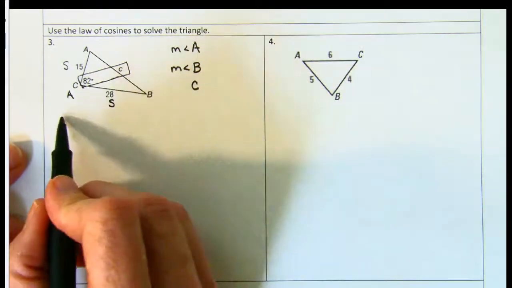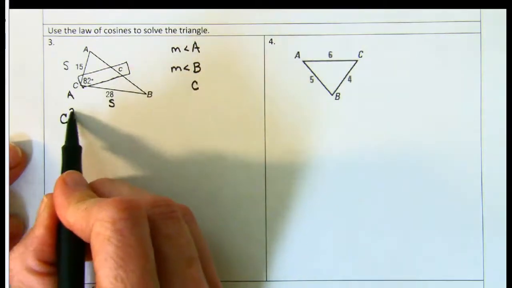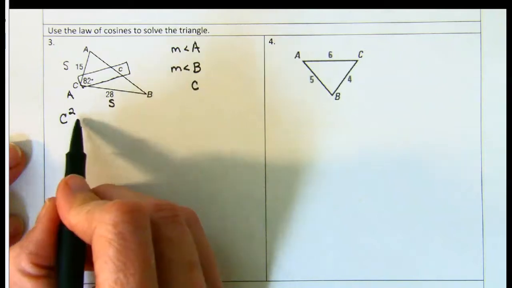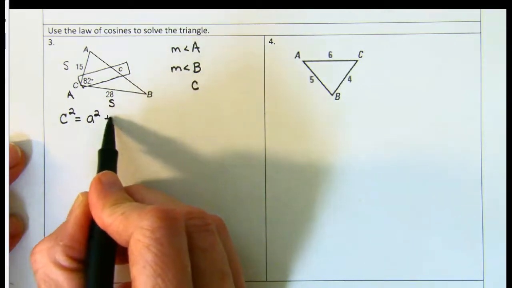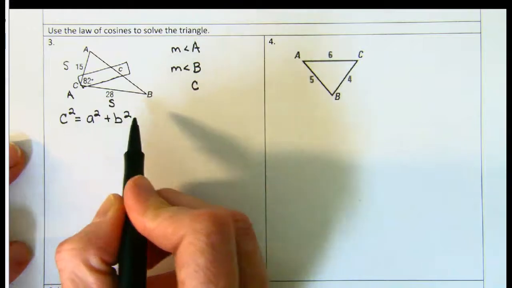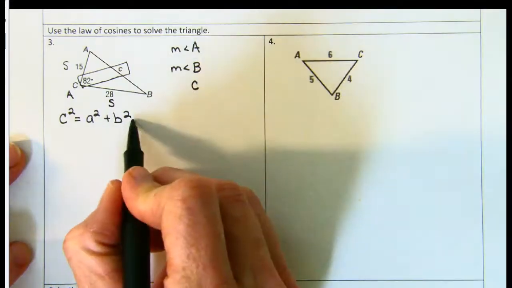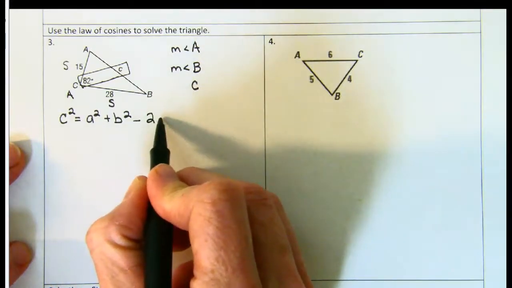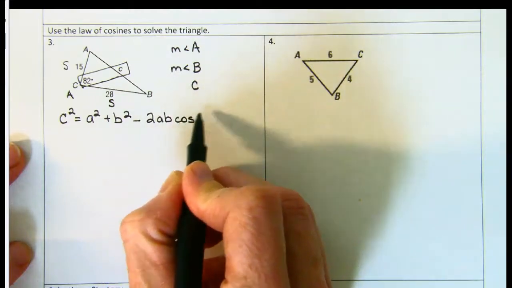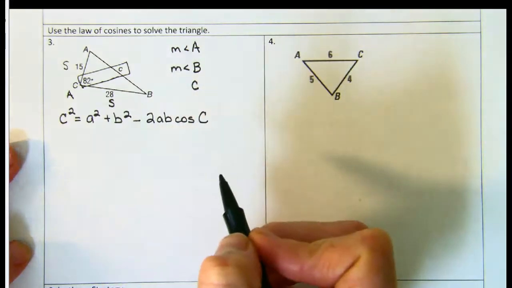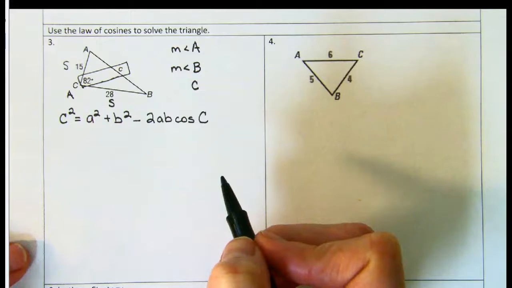So the formula that we will use will be the c squared one. So it is c squared equals the other two sides squared, added, and subtract 2 times those two sides multiplied together, cosine angle C. That's the formula we will use to start this.